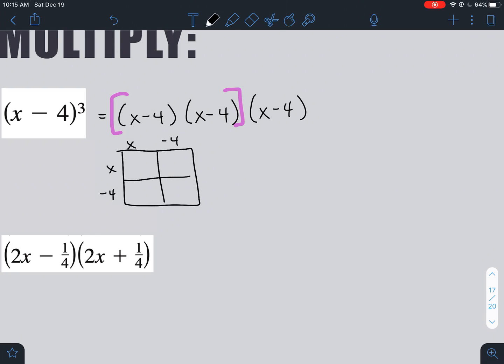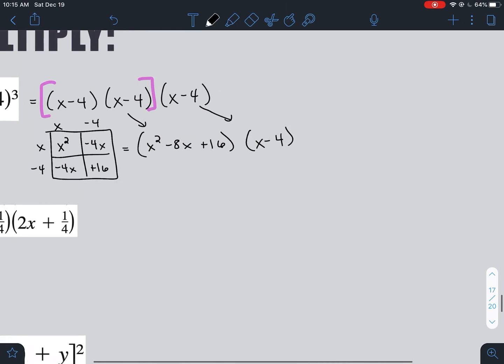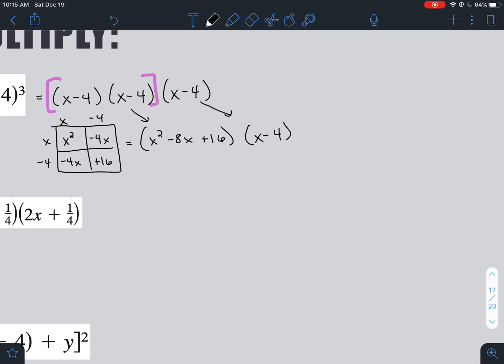So let's do x minus 4 times x minus 4. We get x squared minus 4x minus 4x plus 16. So combining like terms, I get x squared minus 8x plus 16. So that's what those first two parentheses become, but I still have an x minus 4 that I haven't multiplied.